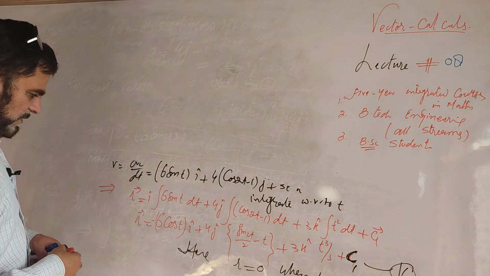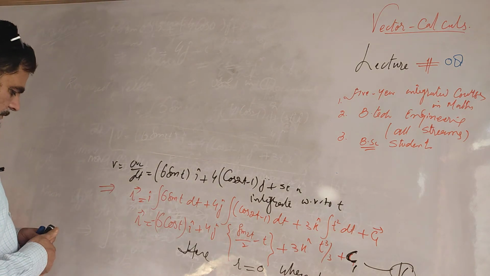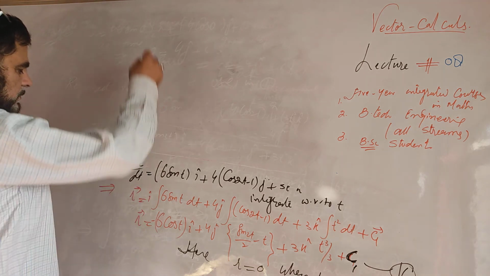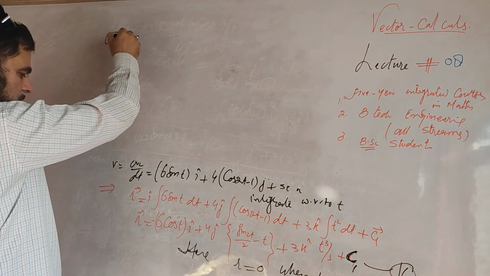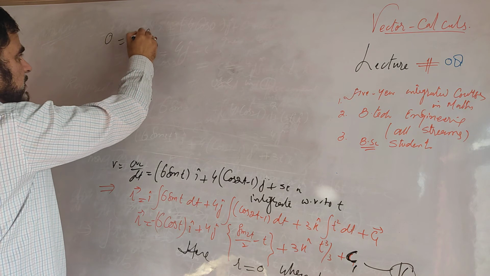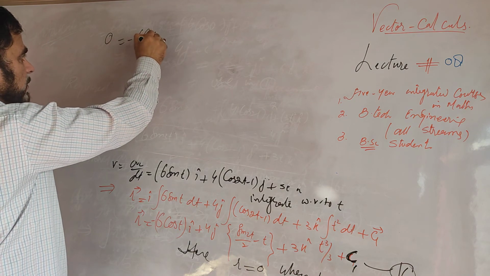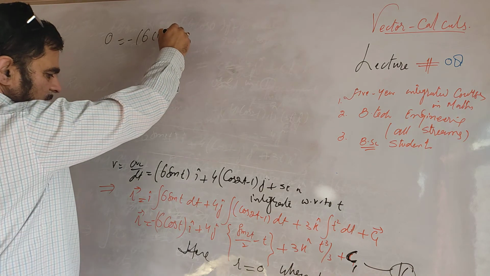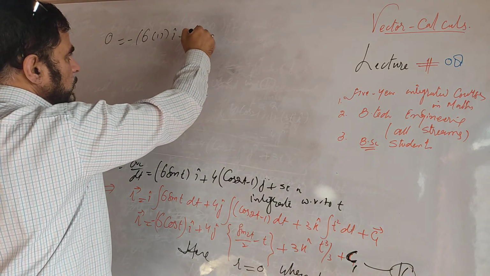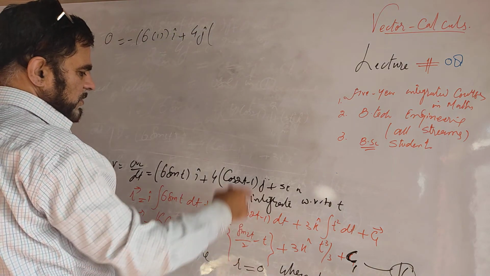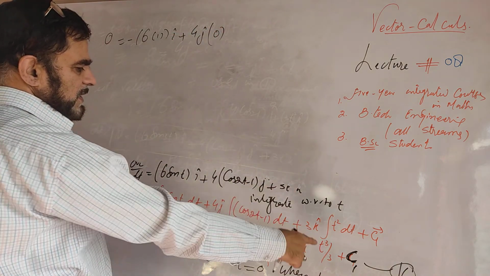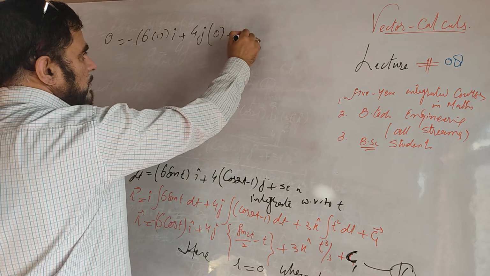Okay, you see how we find it. R is 0. Minus 6 cos 0, which is 1, i, plus 4j sin 0 is 0, t is 0, it is all 0 because sin 0 is 0. This is also 0 plus c1.